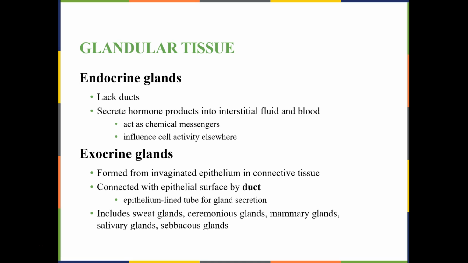All of these are exocrine gland tissues. Other exocrine glands are things like the glands that produce hydrochloric acid in our stomach. Those are also exocrine glandular tissue. Okay.